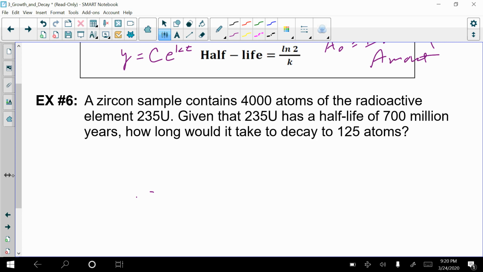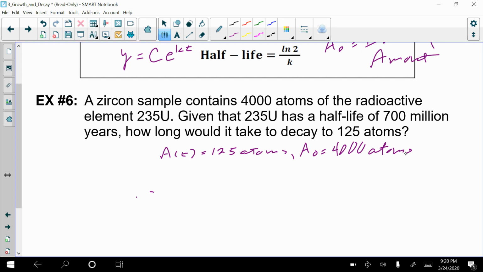Well, let's see. What do we know so far? We know that at some point in time that we don't know yet, we are going to have 125 atoms. We also know that the initial amount present, A naught, or A sub 0, is equal to 4,000 atoms.